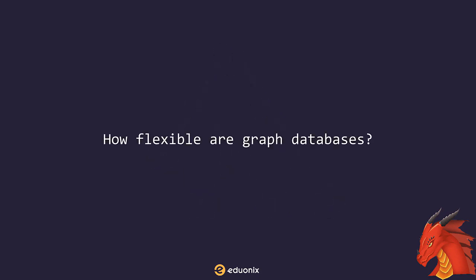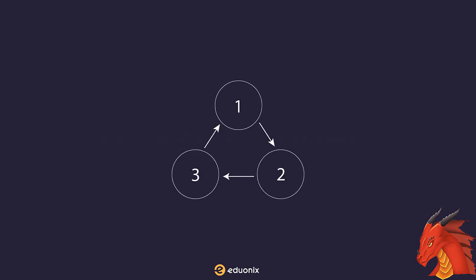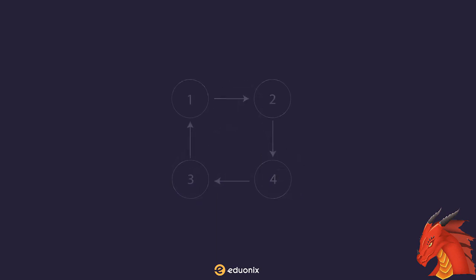How flexible are graph databases? Graph databases allow your IT and data architecture teams consistently and constantly to move at the speed of business. This is because the structure and the schema of a graph data model will flex as the solutions you require in industry are changing and growing.